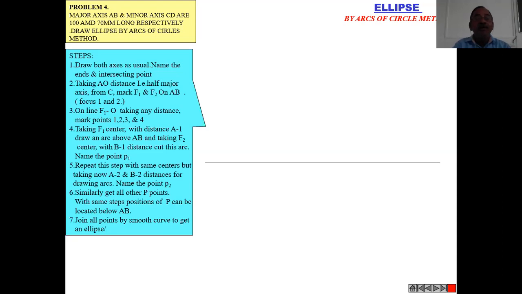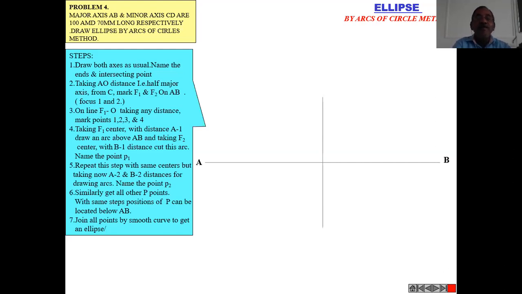So first, draw a horizontal line equal to the major axis AB, right? That is AB. The next is the minor axis. We know that the major axis and minor axis are mutually perpendicular bisectors.